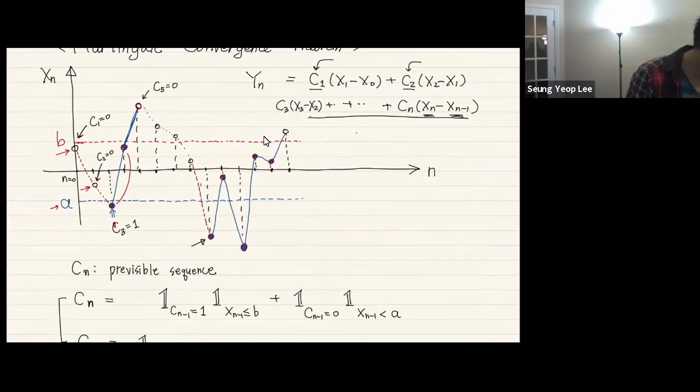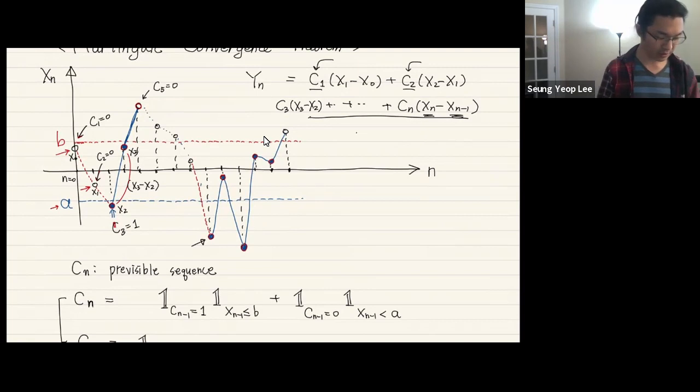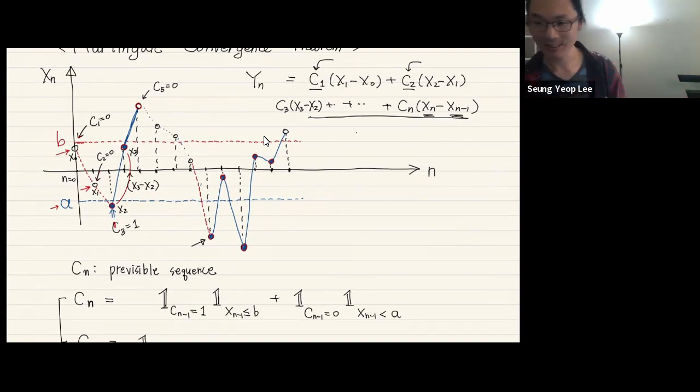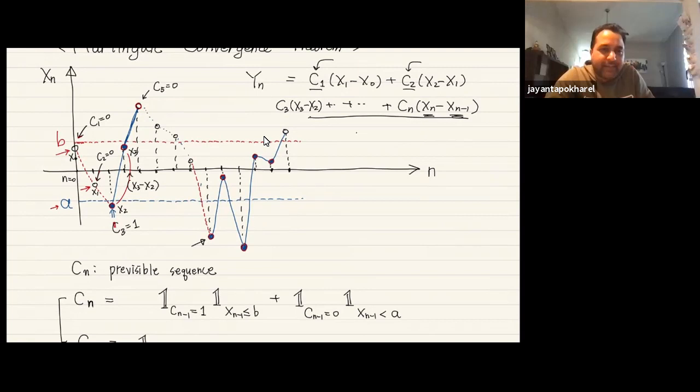So this is X0, X1, X2, X3. This jump is X3 minus X2, and that jump is our earning, because C3 is multiplied to that difference, and that difference multiplied by C3 has to be there. Makes sense. Thank you.